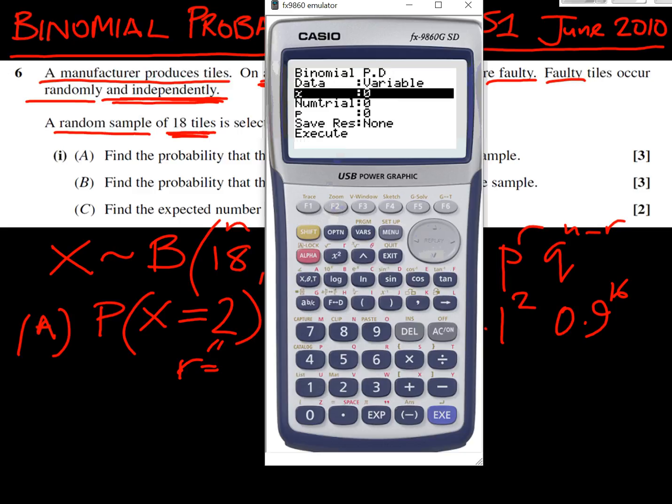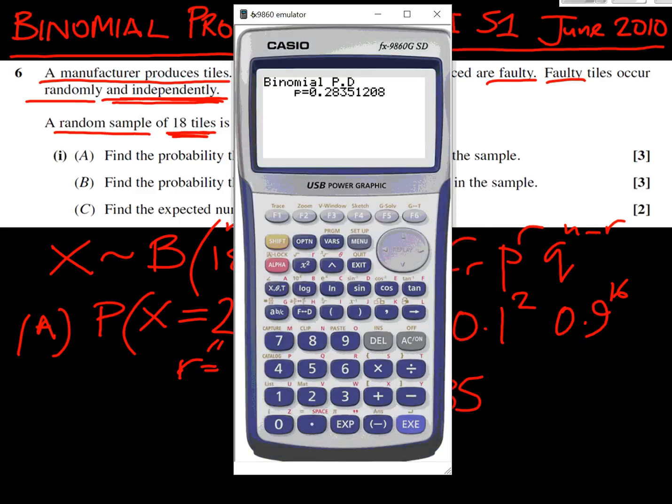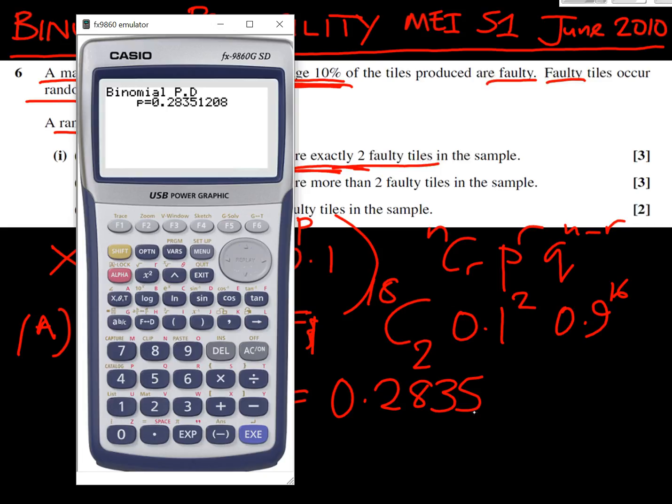Number of successes, well that's our x value, that's 2. Number of trials here, 18. What's our probability? 0.1. That's our probability of a fault. Press the EXE button, here we go, there's our 0.2835 again. So that's pretty quick, isn't it, on a calculator for 3 marks?